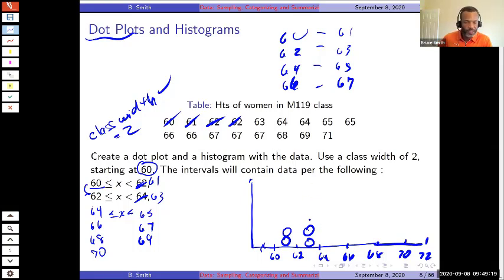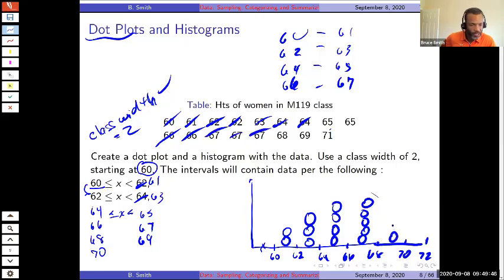I'll finish up with 63, which is greater than or equal to 62 but less than 64, 64, 64, 65, 65, and then 66, 66, and finish up with those 3 that are in 67, and then 68, 69, and then 71.